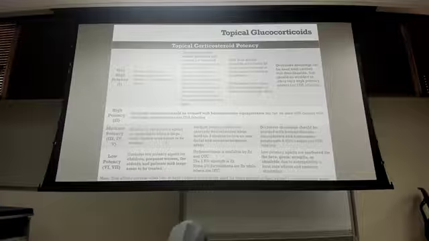If it's a child, remember their body and that equivalency, that's why we stay with our low, because they're still going to potentially get, depending on the area, a medium dose, okay? So your medium potency for an average adult is usually where you're going to go if it is a larger area that they're trying to cover.